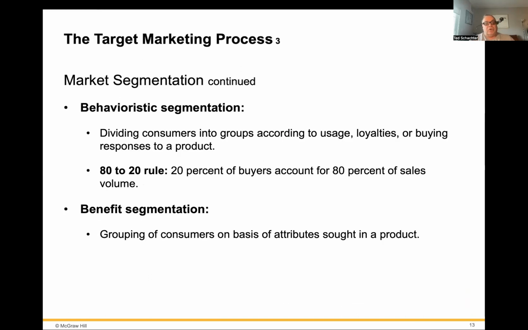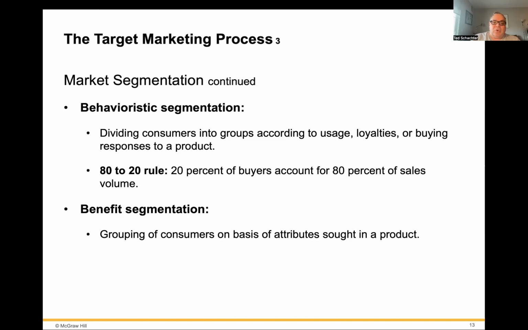So the other thing I want to talk to you about is how we segment. I want to talk to you about the 80-20 rule. No matter what you do in life, you're always going to get 80% of your results from 20% of your actions. For example, how you allocate your time, right? 80% of your grades are going to come from 20% of the things you do. 80% of sales come from 20% of the customers.